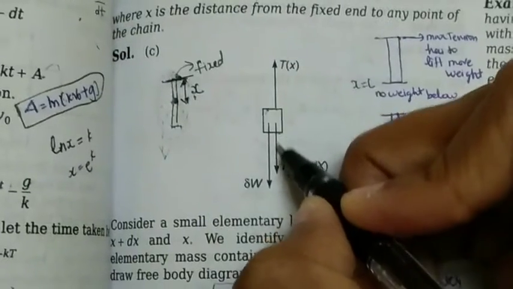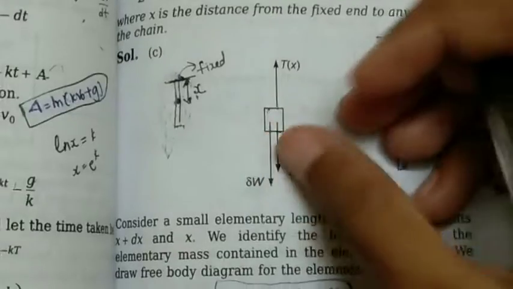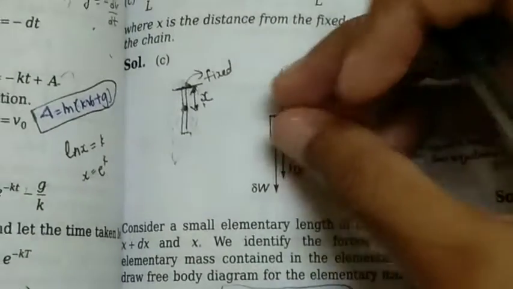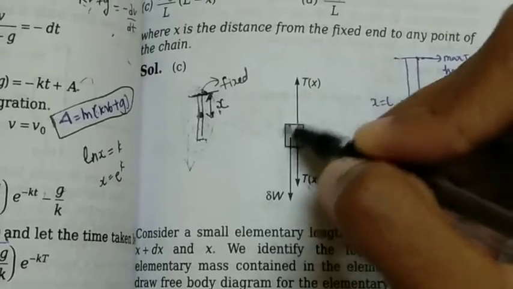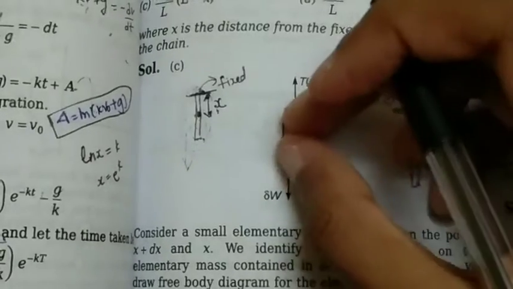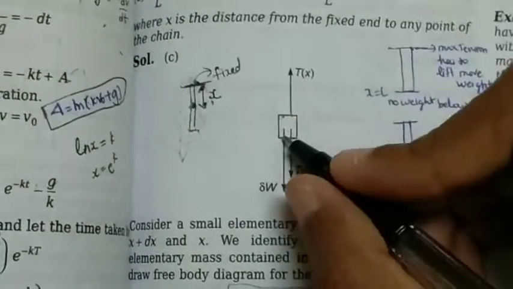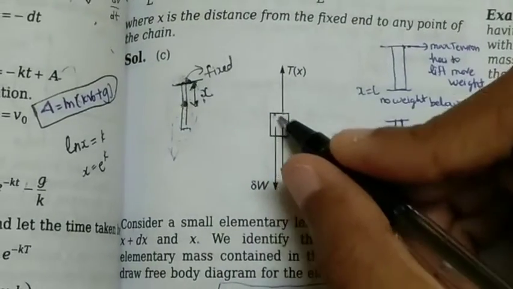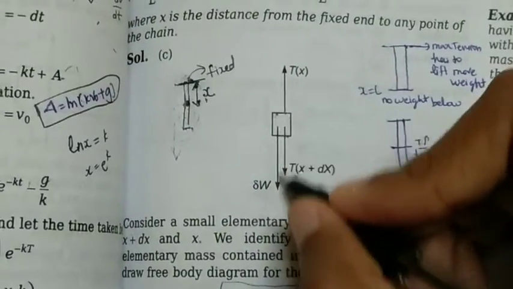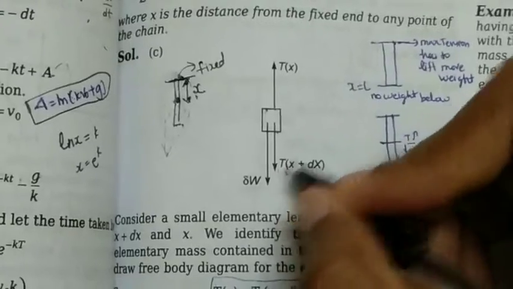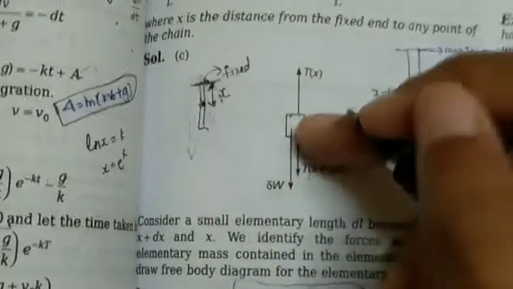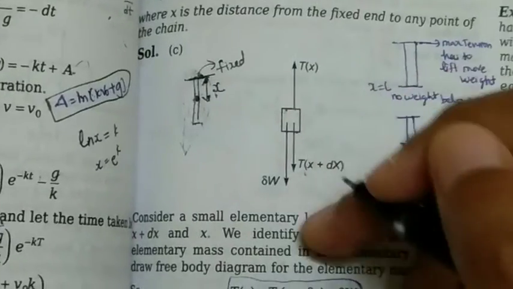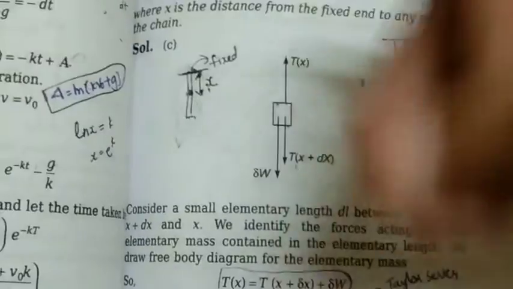That's why the arrow is shown in the downward direction, because it has to lift that weight as well as the weight of this own elementary mass. So the weight of this elementary mass acts downwards, and the tension because of lifting the remaining part also acts downwards. These two forces would be acting downwards, and the tension would be acting in the upward direction because it has to lift the entire thing.